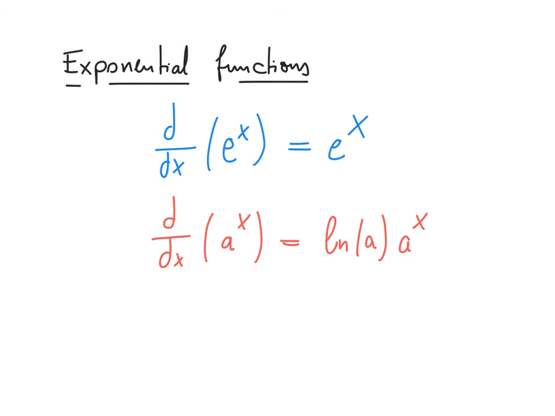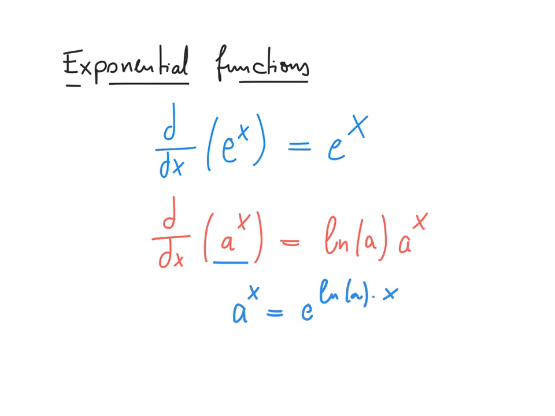Why this is so, well, we can see this next week once we have the product rule, the chain rule, right? Because the chain rule tells us how to differentiate functions which are compositions of functions. And actually we can write this function here, a to the x, as e to the ln a times x, right?